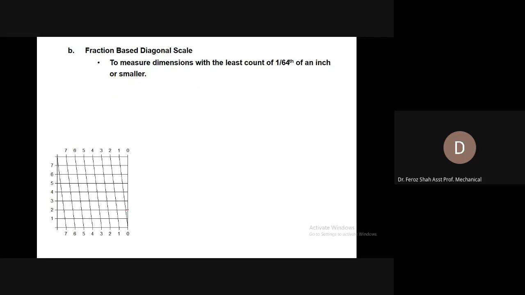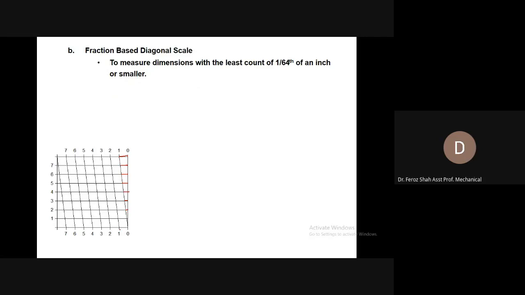This is 2 by 64, 3 by 64, 4 by 64, 5 by 64, 6 by 64, 7 by 64, and 8 by 64 are 1 by 8.